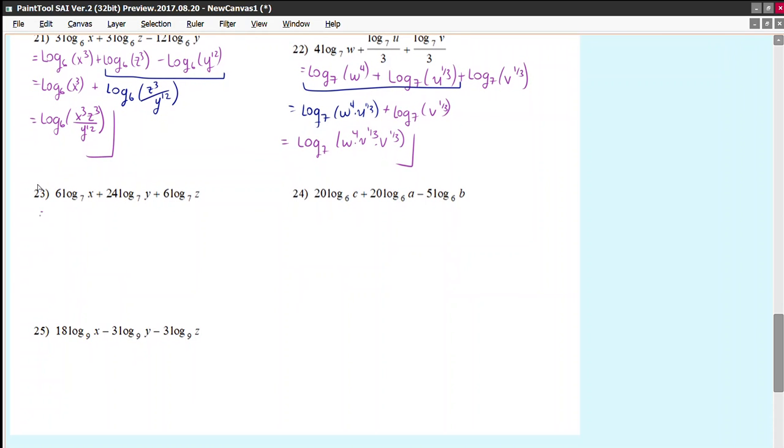Next one. Again, I'm going to apply the power property first because all these logarithms have a number multiplying outside. So this is logarithm base 7 of x to the power of 6 plus logarithm base 7 of y to the power of 24 plus logarithm base 7 of z to the power of 6.